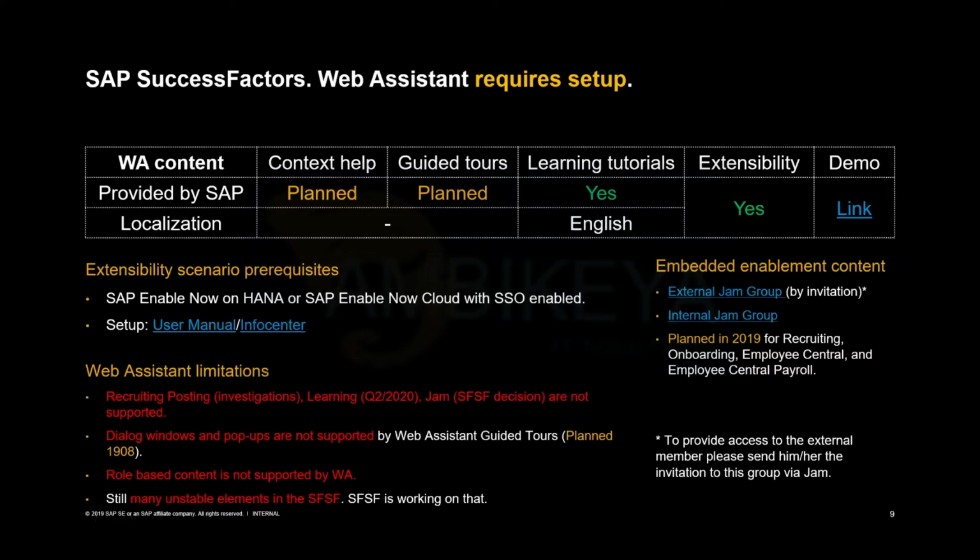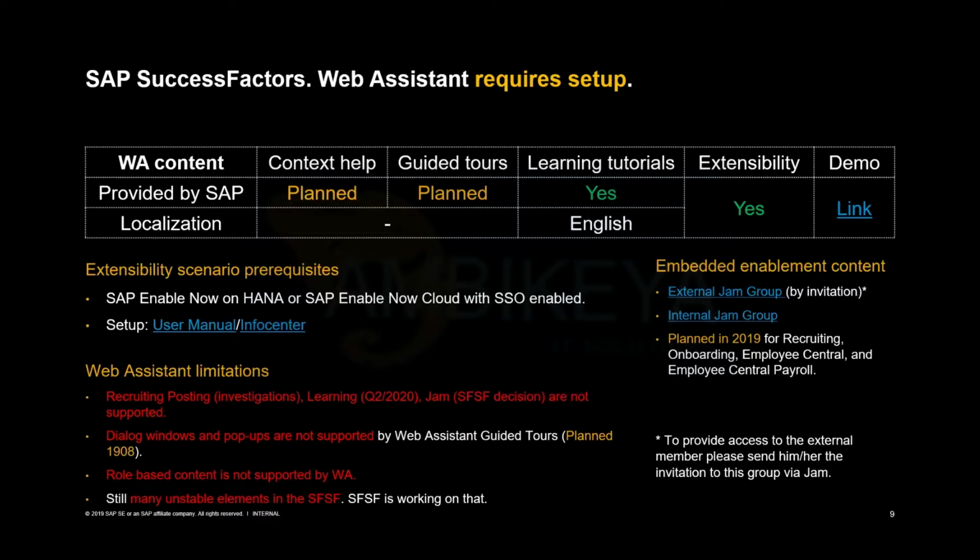So historically, the way that the user authentication was set up, let's say you're the user, so Dom logs into SuccessFactors. Once you are in Employee Central or recruiting, you would be prompted. Enable Now in the background would look at your credentials. It would make sure that you had an Enable Now license as soon as you logged into SuccessFactors.